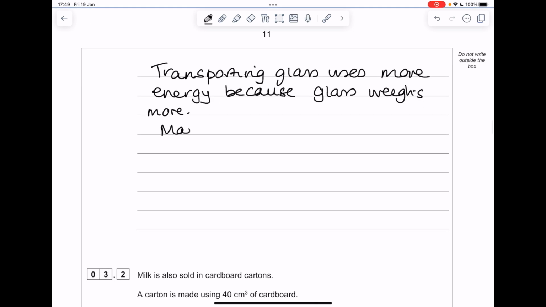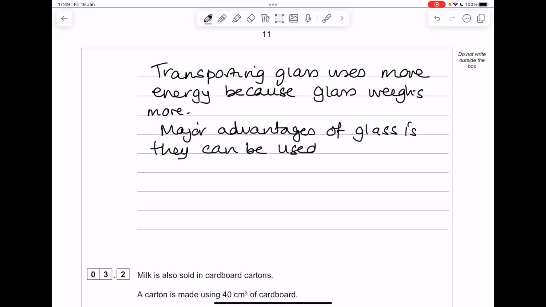Major advantages of glass is they can be used far more times.